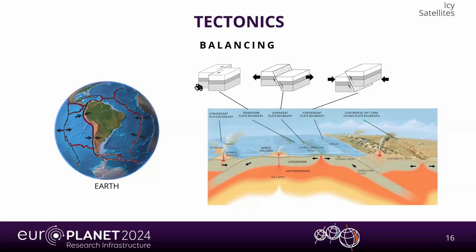And the displacement of the tectonic plates shows a mechanism that is balanced, where the lost surface through shortening in convergent boundaries is balanced by the formation of new crust from divergent boundaries.